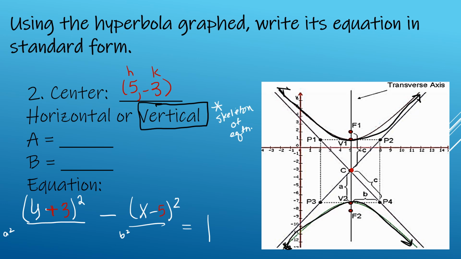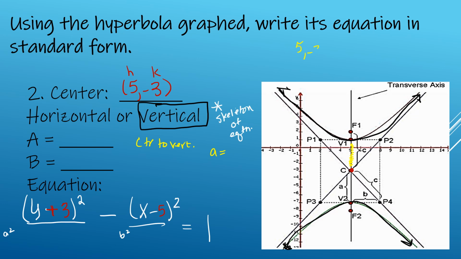So now all we have to do is determine our a and our b values, and we can use our graph to do that. Remember, from the center to a vertex is an a value. So I can count from the center up to where the vertex is. That will give me an a value of, let's see, we're going from (5, -3) to (5, 1).